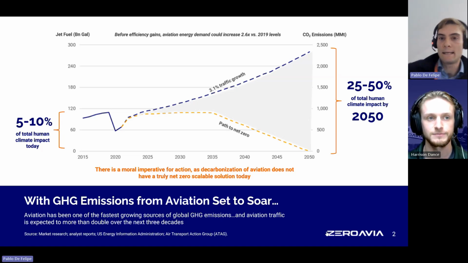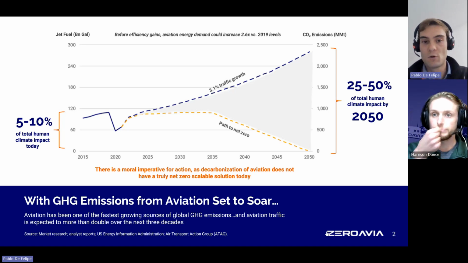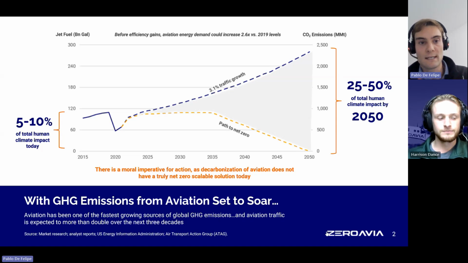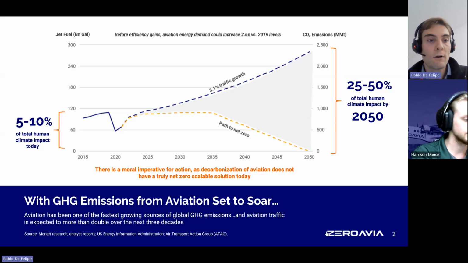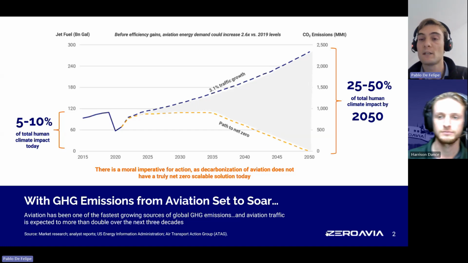So essentially, why is this project so important? What's the mission of ZeroAvia? Well, if we look at the emissions that aviation produces as a whole, it currently accounts for 5 to 10% of the whole CO2 emissions.